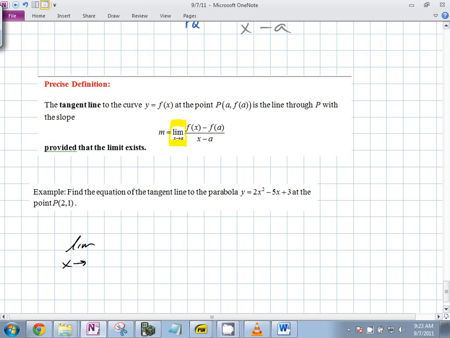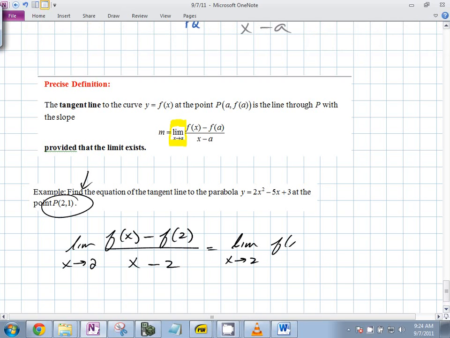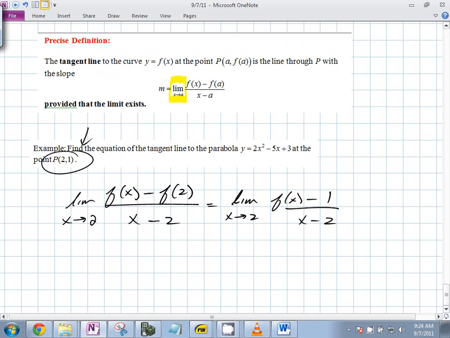2. I'm going to write this out: f of x minus f of a, which is f of 2, all over x minus what? 2, yes. What is f of 2? 1. It kind of gives it to you in this. So the limit as x goes to 2 of f of x minus 1, all over x minus 2. Are we good so far? Do we know what f of x is?